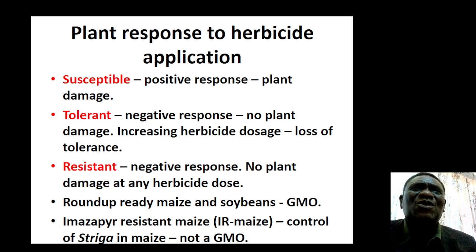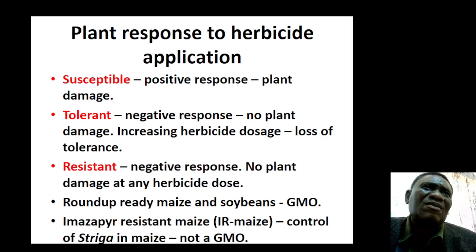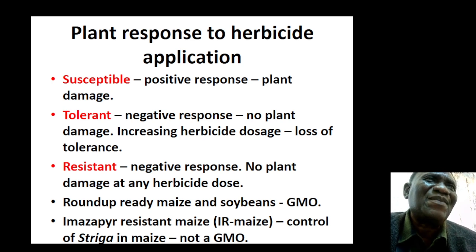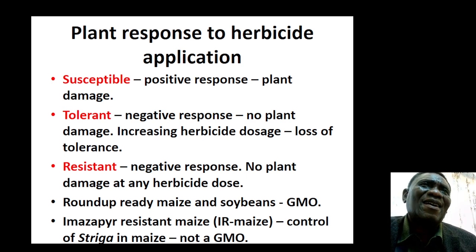Now, sometimes we can cause some plants, through GMOs, to be resistant to herbicides, or we can make Roundup selective by killing weeds and not killing maize and soybeans, by doing some sort of genetic engineering.